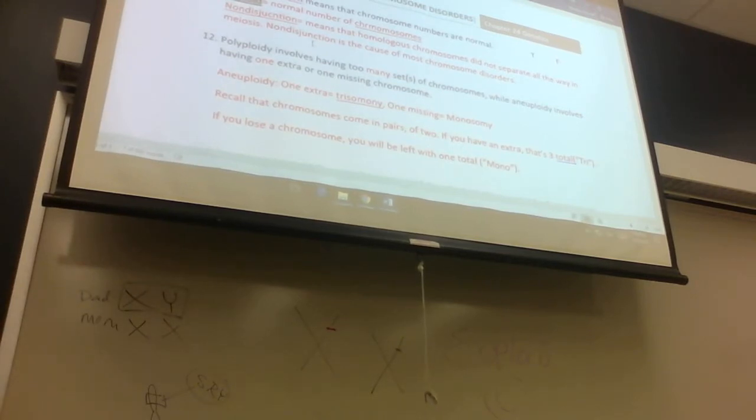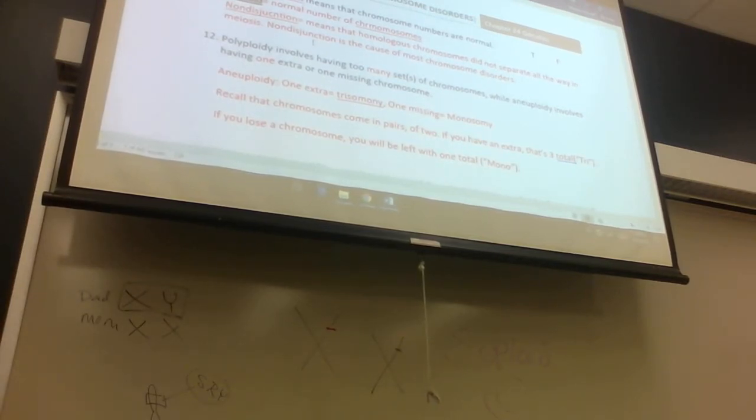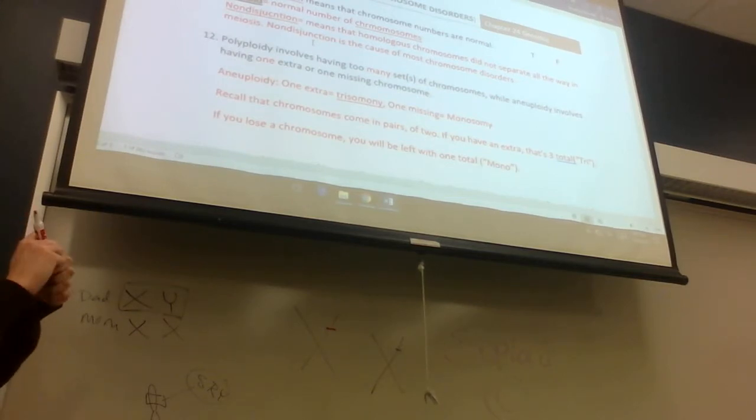Non-disjunction means they didn't separate all the way, and that's what causes a lot of chromosomal disorders.